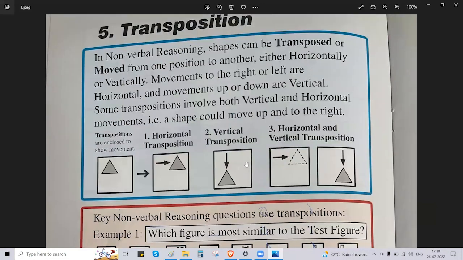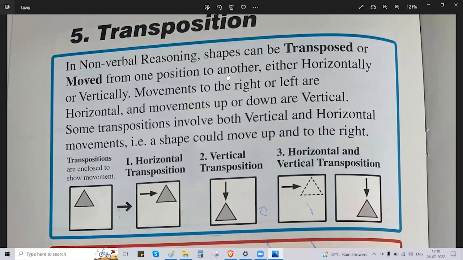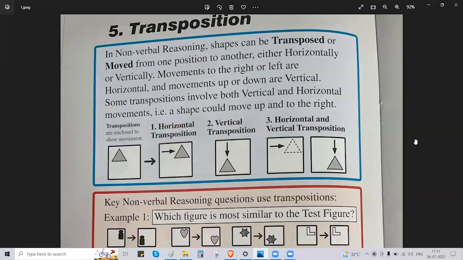Okay. So now we are going to talk about another type of movement of a shape, which is transposition. What we were doing earlier was talking about inversions, how a shape can be flipped vertically and horizontally. Exactly. Earlier we talked about inversion, which was related to flipping, right?